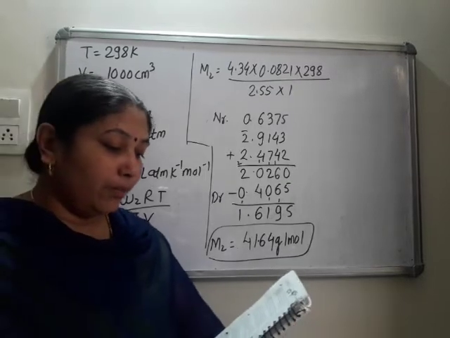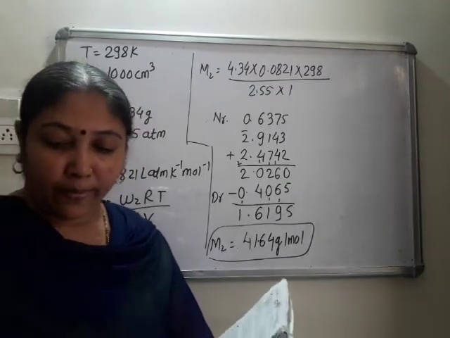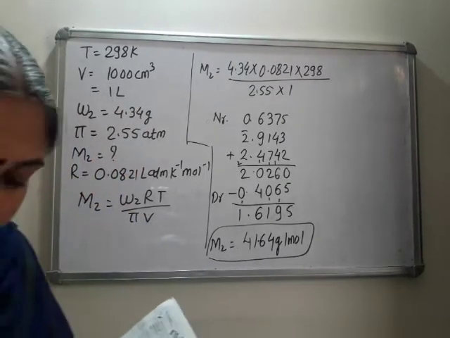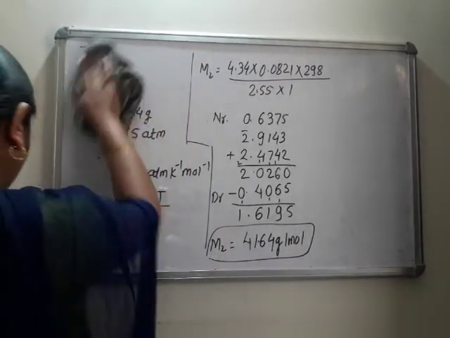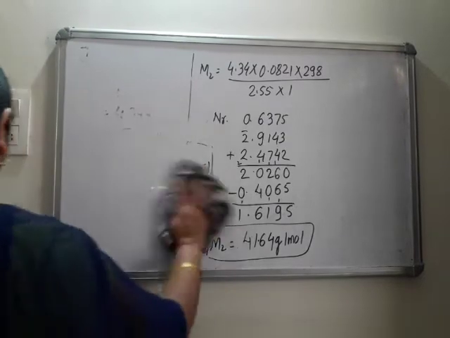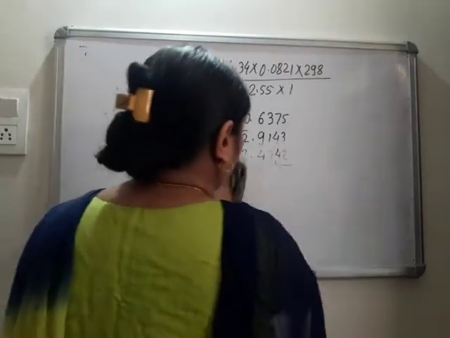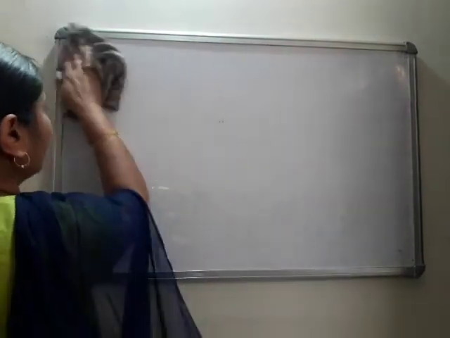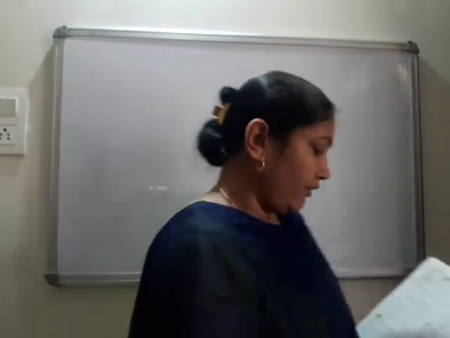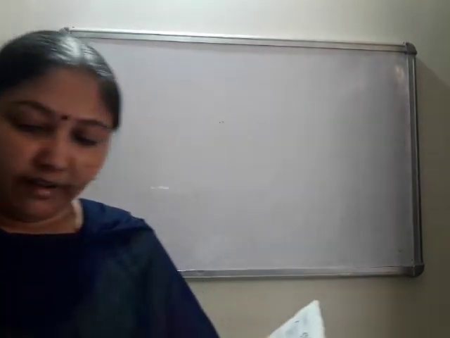Calculate osmotic pressure of 5% glucose solution at 300 Kelvin.